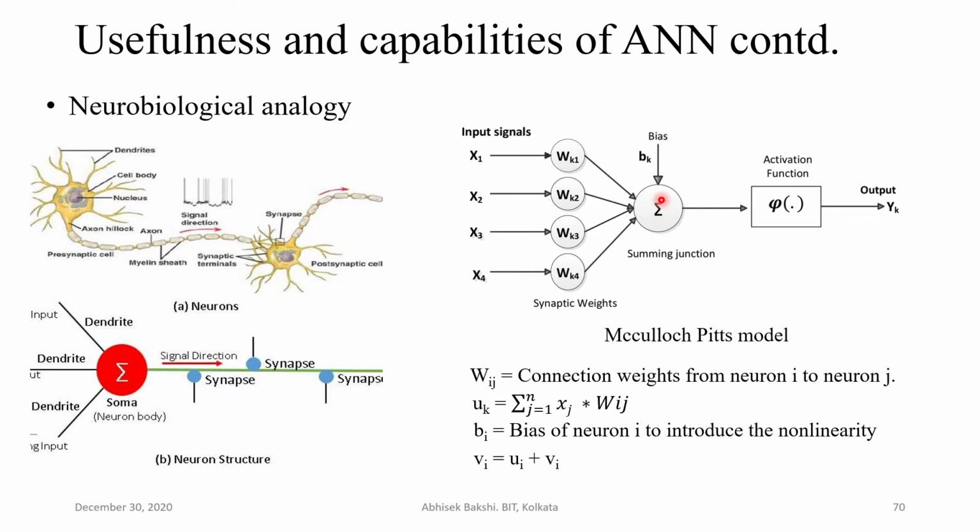Some neurons have some particular impact, and some other neurons have some other impact. So now the question is, which neuron has greater impact and which neuron has lesser impact, how will you express that? That impact is expressed by what we call synaptic weight.